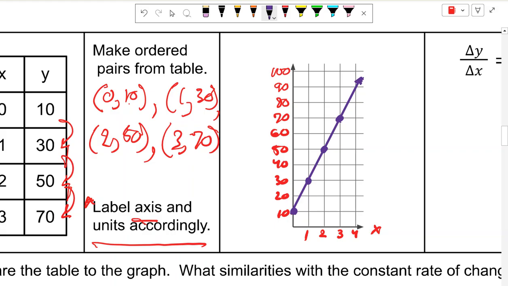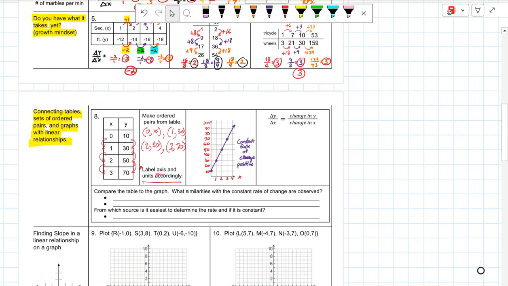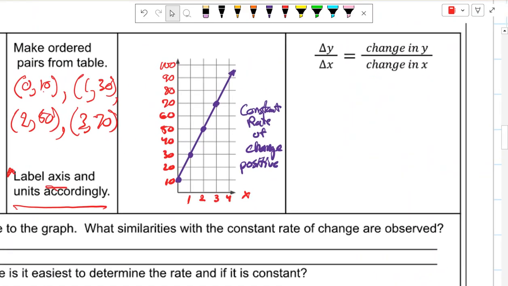And when that happens, you know that you have a constant rate of change. And in fact, this constant rate of change is positive. You are gaining your marbles. Whoops. All right.